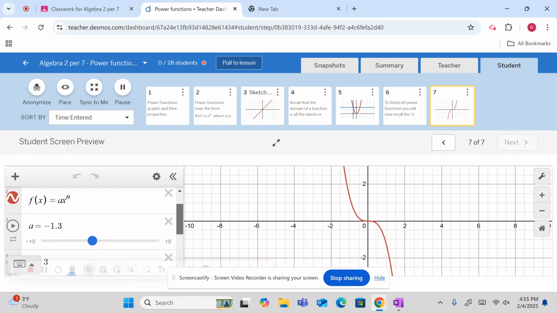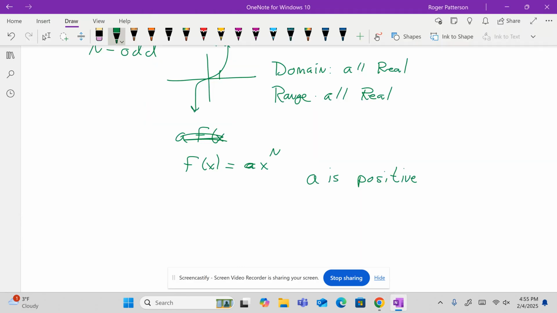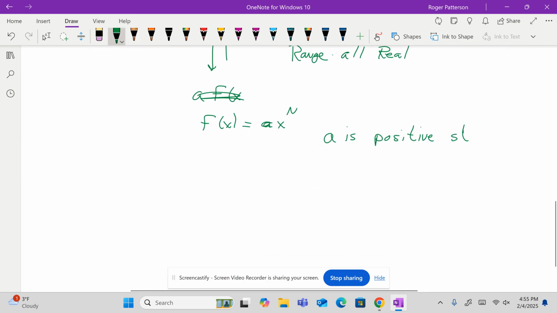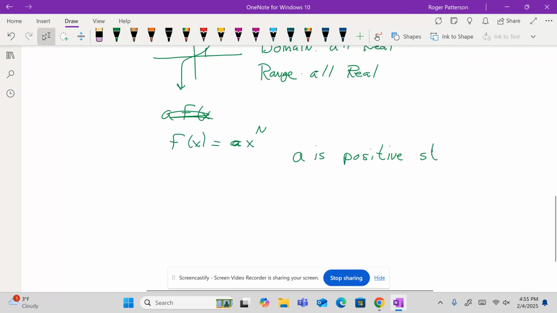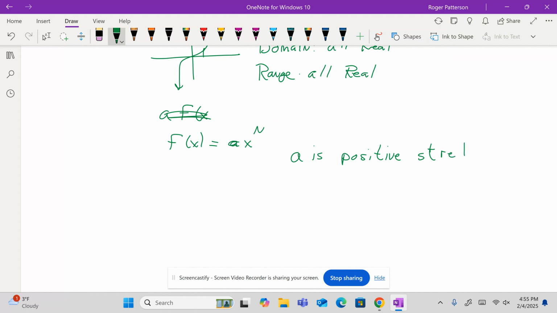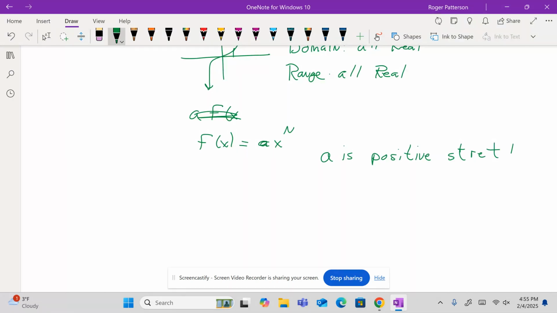When it's small, let's go big. So when it gets bigger, what's happening to it? It's stretching. Okay? So that's what you need to remember. If A is positive, we get a stretch. That's what we did when we were doing transformational stuff. And if it's negative, it reflects over the x-axis.